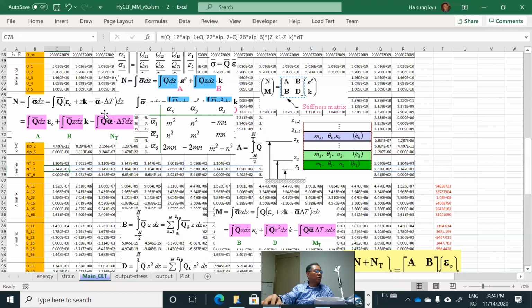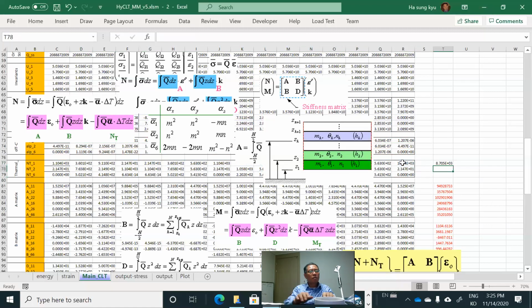So actually, as you can see, you need to have an integration. Integration means that you need to, did I give a name? Not yet. So this is gonna be a summation of the whole terms here, and the same for here and same for there.